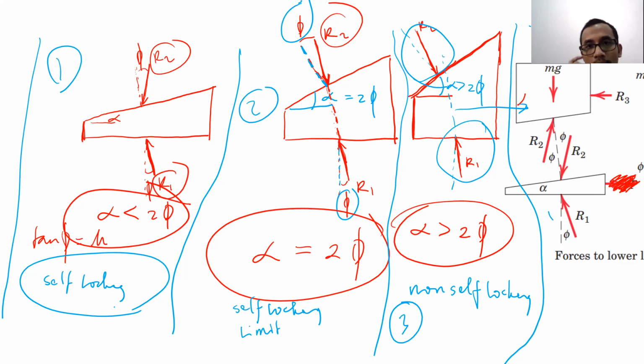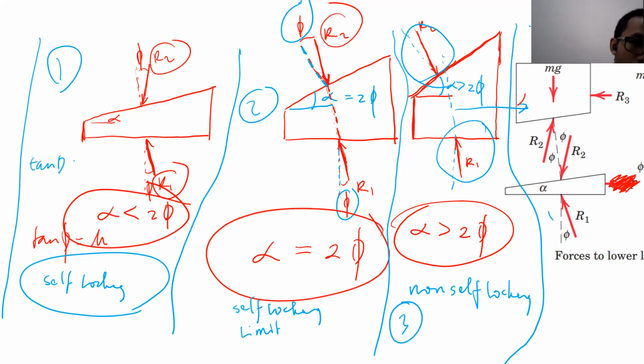Sir, I've been wondering why you use the phi angle instead of alpha. Alpha is the angle of the wedge. Tangent phi is actually mu.